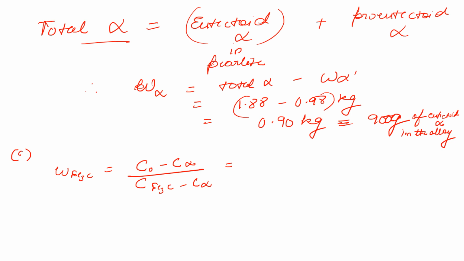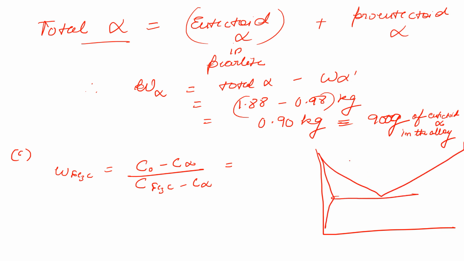This is pretty easy to see again, because let's say you have the phase diagram here, and we are somewhere here, because it's a hypoeutectoid alloy, and this is 0.76, this is 0.022, and this is alpha, and cementite is towards the right.